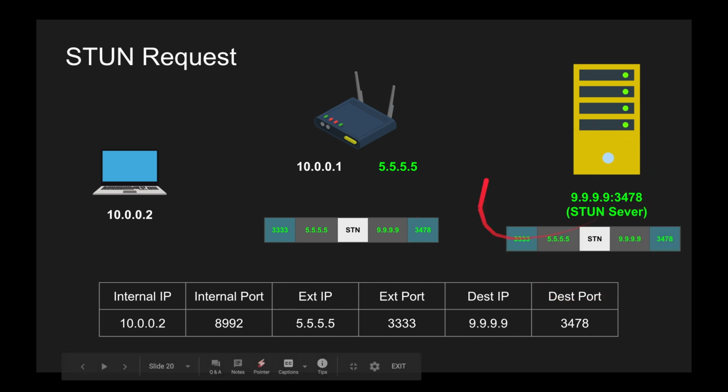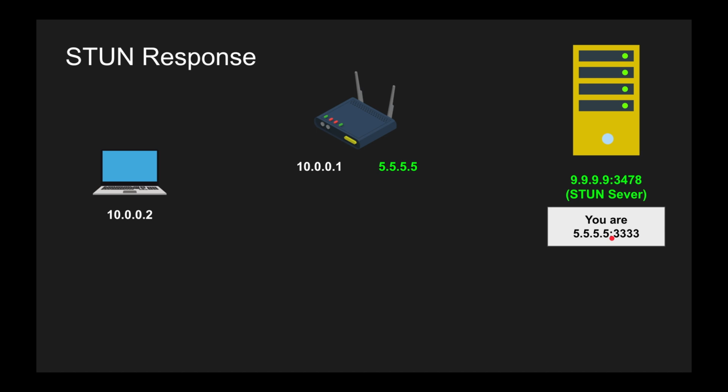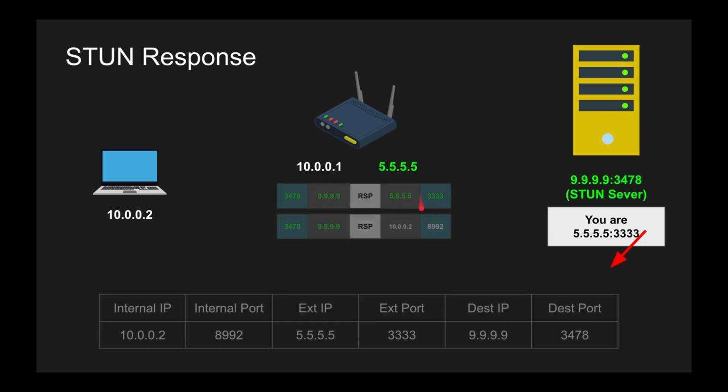And then they send it to the server, and the server says, yeah, what is this exactly? You want STUN? Sure. I'm going to take your public presence. Now you are 5555 3333. Push it into a packet, literally just the response into a packet, and send it back to the router. Now the router will change that information, it will change 5555, because it looks in the NAT table and changes it.